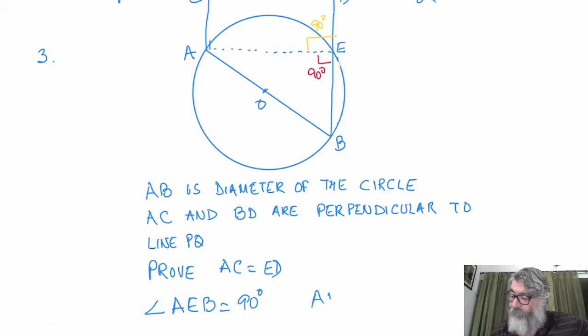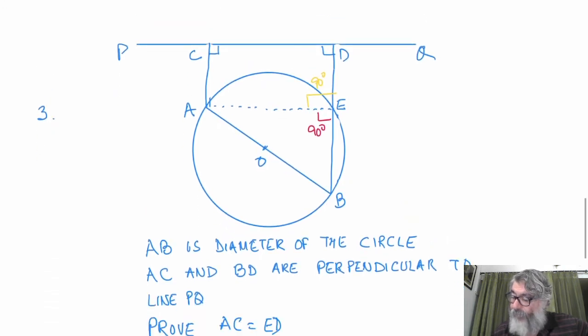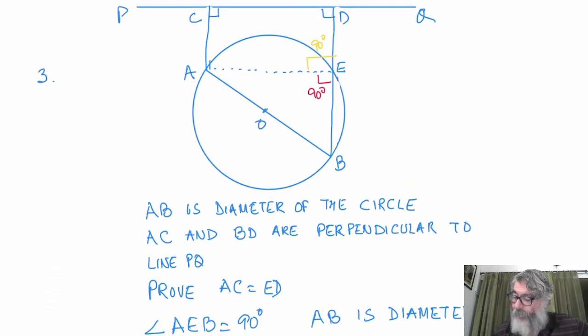AB is the diameter, and the angle in a semicircle is always a right angle. If angle AEB is 90, then angle AED will also be 90, that is 180 minus 90, which is 90 degrees.